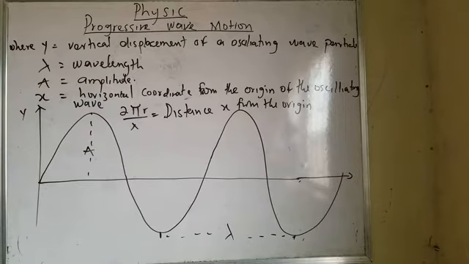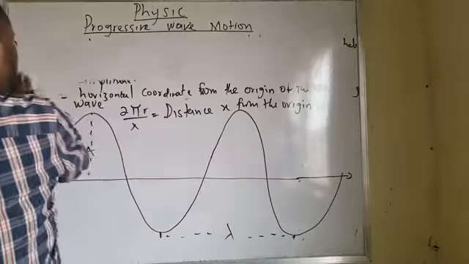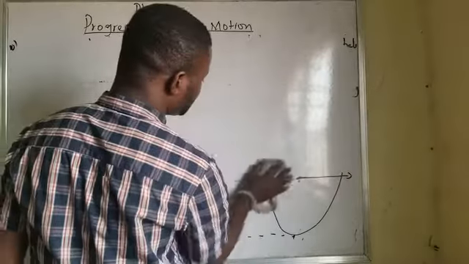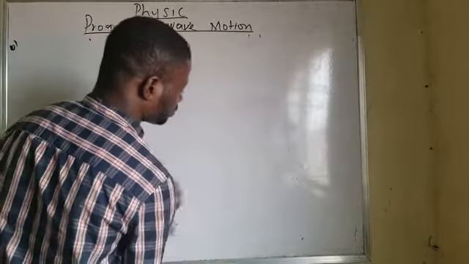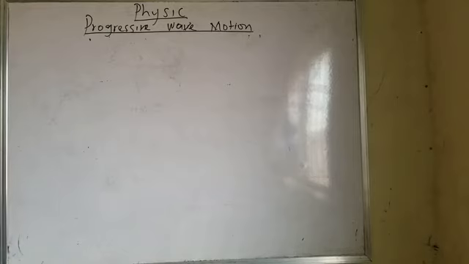Now, with this, I can try to generate some equations. Let's see how the equations come about, because we'll be using the equations in this video to solve problems. Now, on progressive wave, look at these equations.